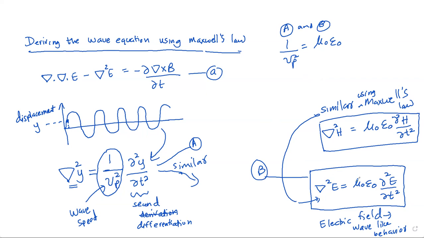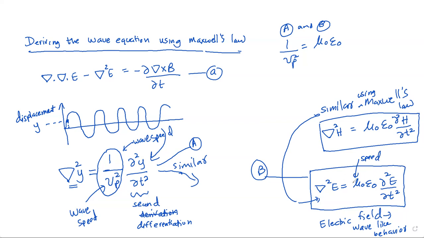they are constants, and since these expressions are showing the same wave-like behavior, the speed shown in this one must also be related to the speed of the electromagnetic wave here, right?